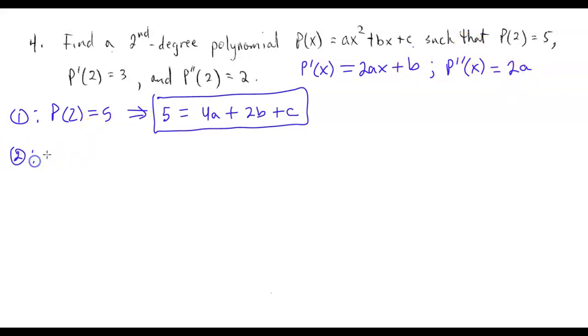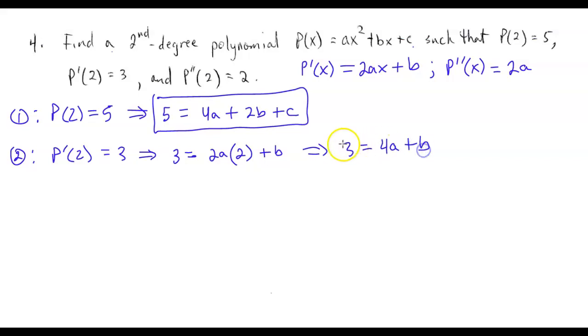For our second equation, the derivative of this polynomial at 2 equals 3. That's going to equal 2 times a times 2 again, plus b. So 3 is equal to 4a plus b.